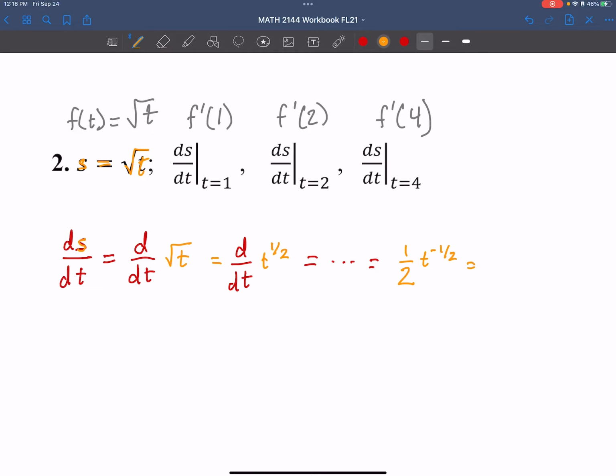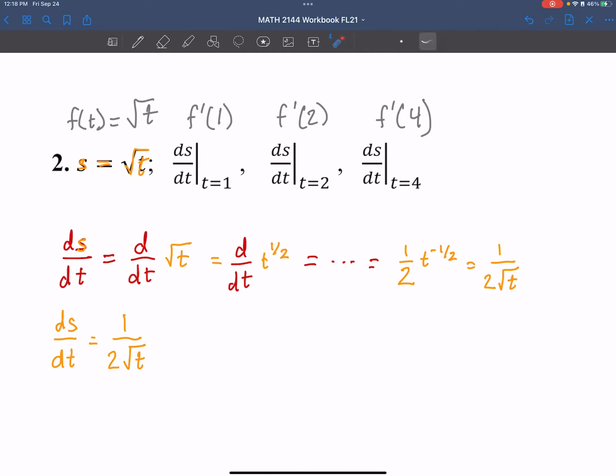And to switch it back to positive exponents, this is 1 over 2 square root of t. So just to shorten things up, the derivative of s with respect to t is 1 over 2 square root of t. I just rewrote that without the intermediate steps.